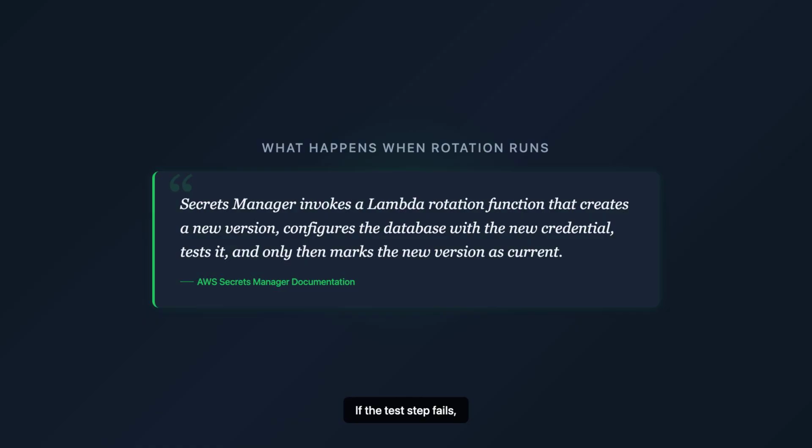If the test step fails, the old credential stays active and you get an alert, so a broken rotation never takes down your application. Parameter Store has no equivalent handshake. You'd have to write all 4 stages yourself, and you'd have to handle the rollback logic too.